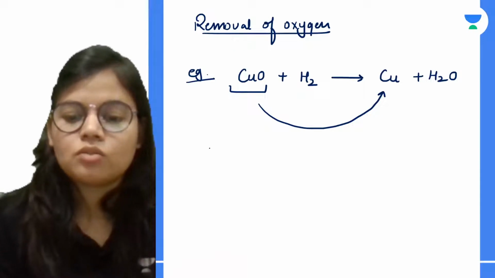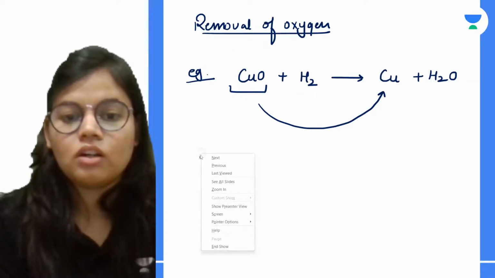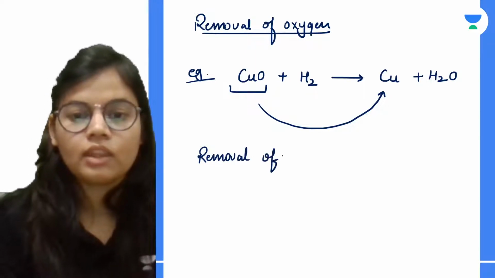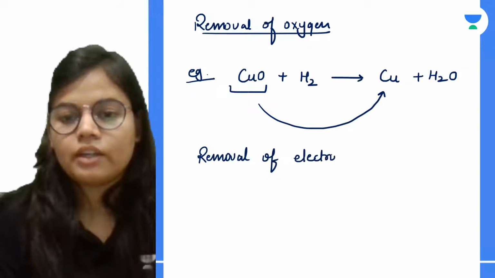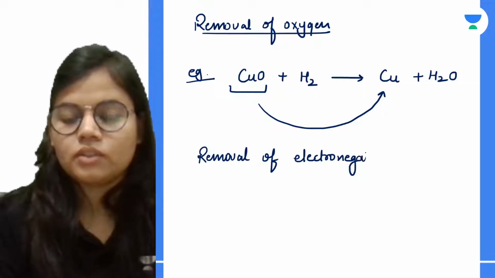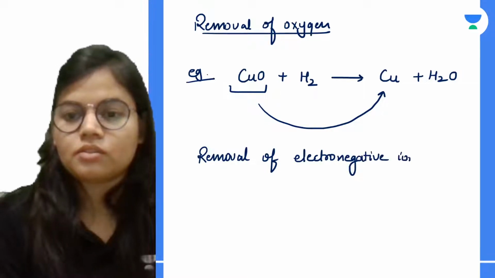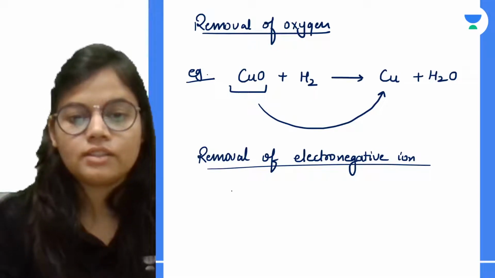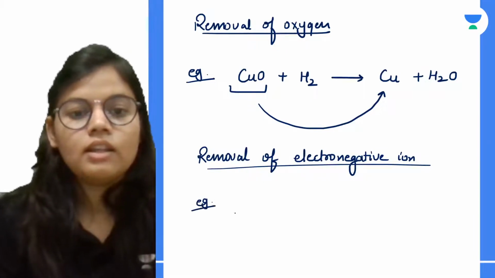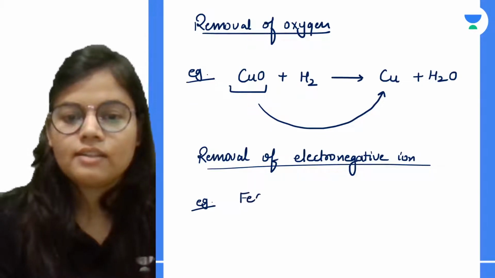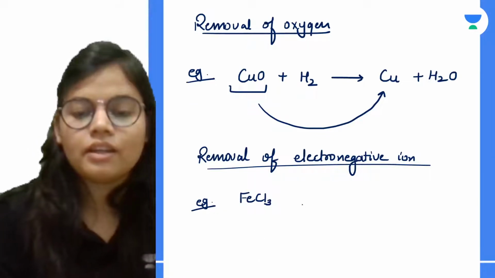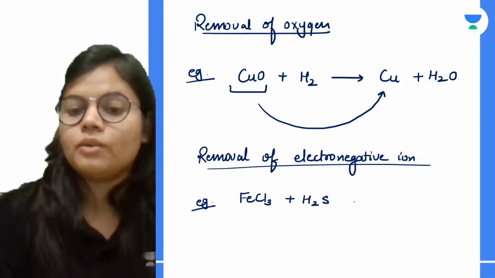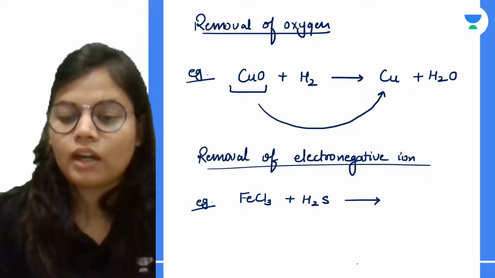The next one is removal of electronegative ion. Again, how? Let's take an example of FeCl3, that is ferric chloride, plus hydrogen sulfide. Now, when these two react, what is the product that we are getting?